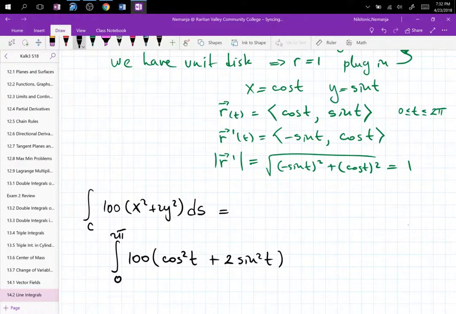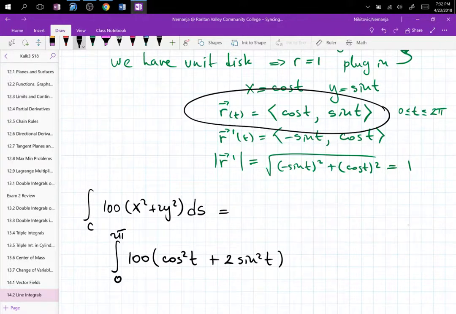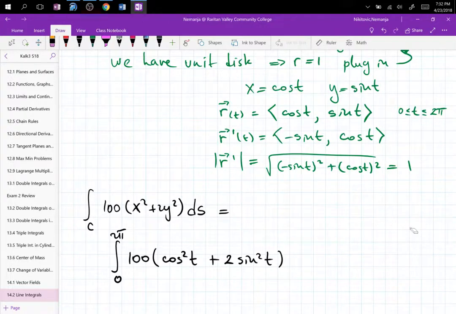In the definition it is f of xy, and over here it is T of xy. My function is now converted from x's and y's into parameter t using the parametrization that we got. Times 1, which is our r prime magnitude, and then times dt.